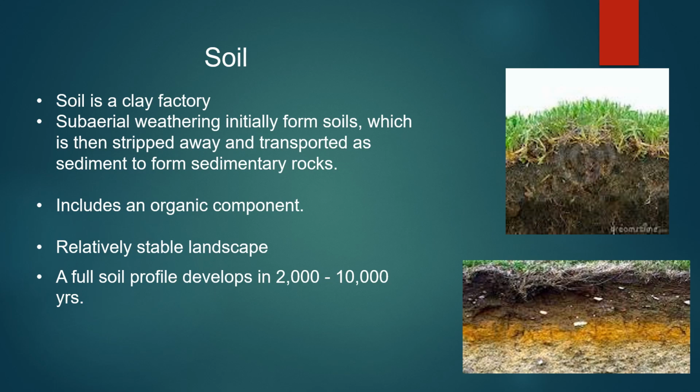The dissolved ions are translocated downward to the lower part of the soil, such as carbonate minerals being precipitated in the deeper part of the soil, and the clay minerals are also translocated downward to the deeper part of the soil and form soil horizons that are carbonate-rich and clay-rich.